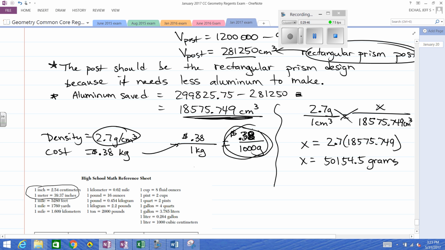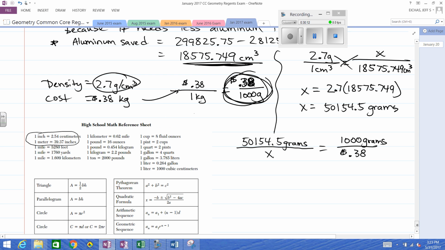And here's back to this cost factor. If I have 50154.5 grams and I want to know how much it's going to cost, let's flip this. It's 1,000 grams to every 38 cents.